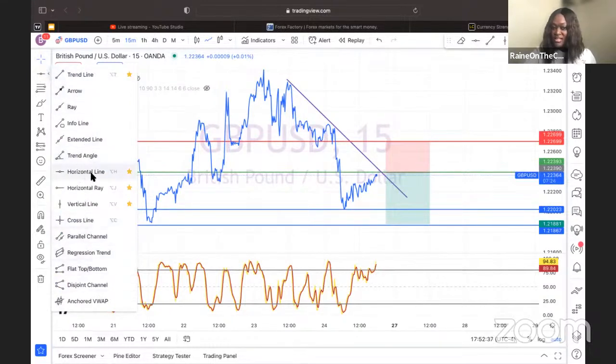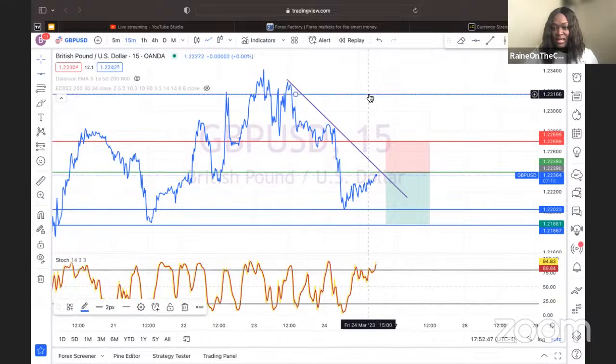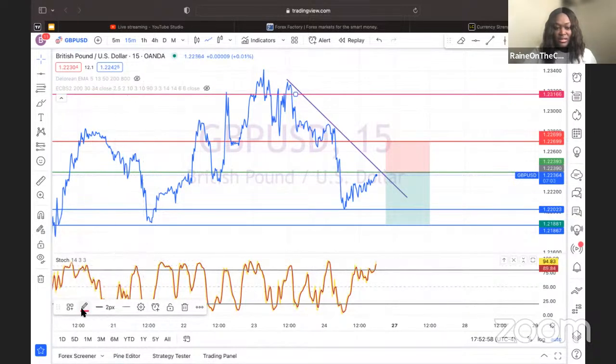So the horizontal line, I have it starred, so it's just hanging out here in this toolbox. When I select it, I can put a line. And once you have the line, you see this thing pop up down here. I can click on that and change it to whatever color I want.